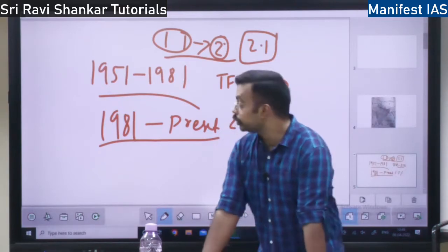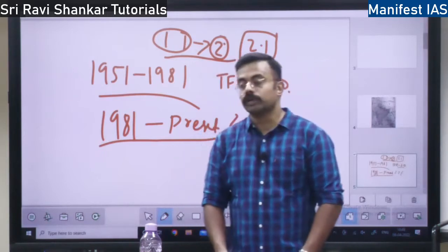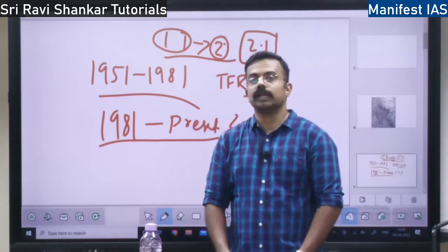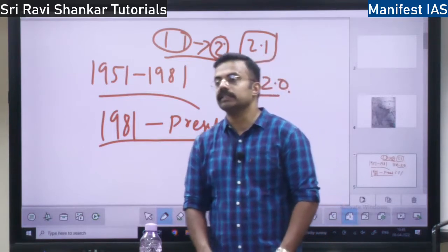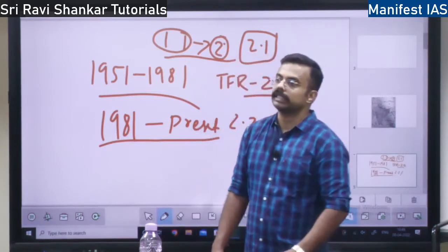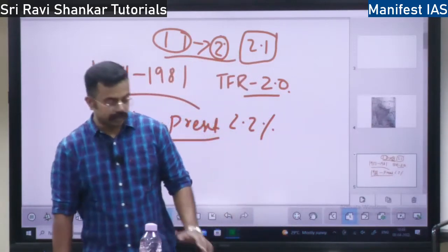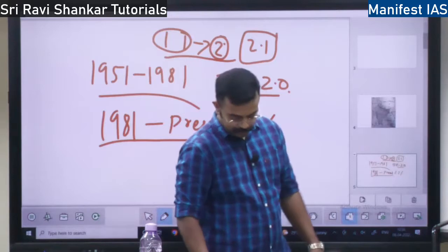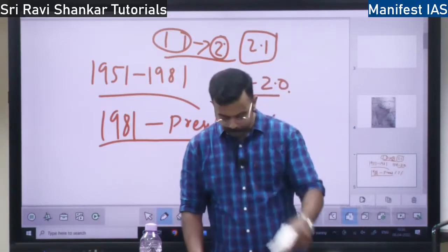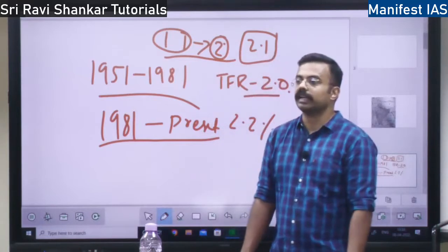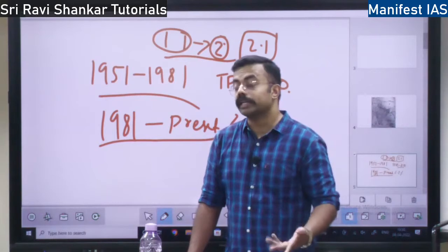So this is all about the 4 phases of population growth in India. We are talking about the population increase. Is the population increasing uniformly across India? Does every state have the same increase in population? No, right? For example, the South Indian states, Kerala, Karnataka, Tamil Nadu, Andhra Pradesh, have a very low growth rate of population.